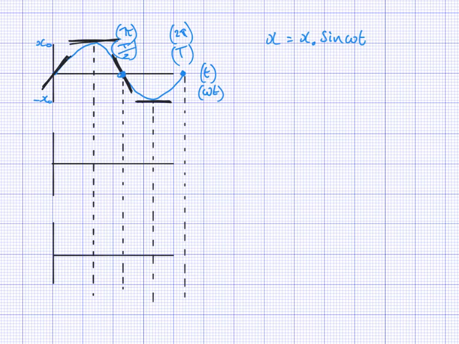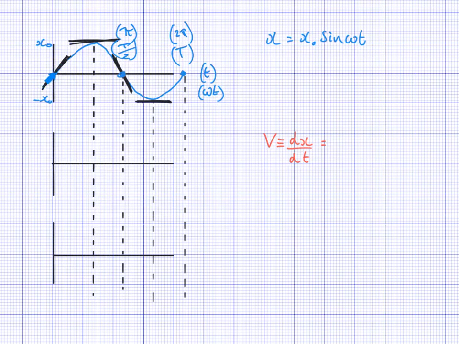So let's look at the derivative of this displacement graph. Of course, from kinematics and mechanics, you know that the derivative of a displacement time graph is going to be a velocity time graph. So let's go ahead and assume that this is going to be the derivative. And we can say that this derivative is going to be the change in x over the change in time. Now let's look at the graph. So we'll have a look at this 0 point.